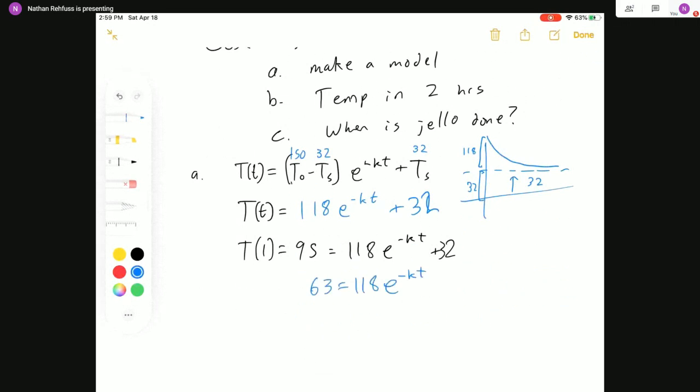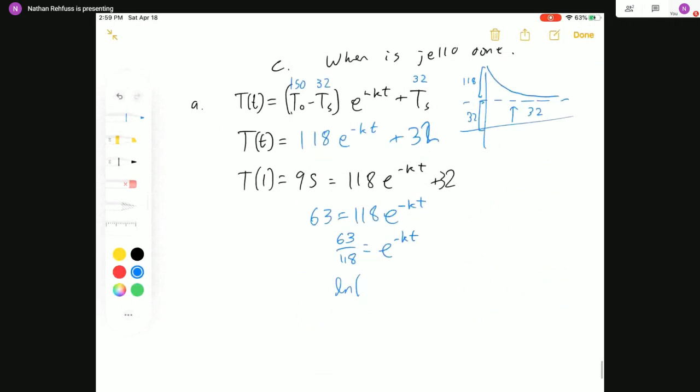You know what comes next. Take the natural log. We know the value of t. I said I plugged in a 1.